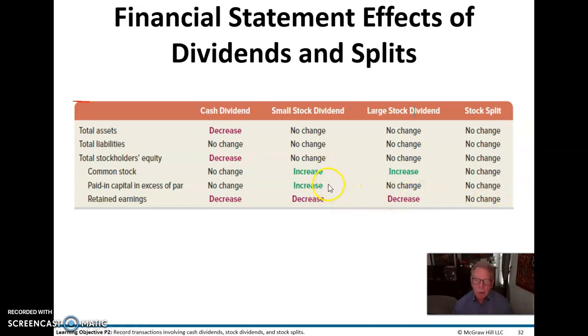But the small stock dividend will increase common stock, as will the large stock dividend. And the small stock dividend will increase the paid-in capital in excess of par, whereas the large stock dividend will not. So a nice little summary chart here as to what's going on with the different kinds of dividends and stock split.